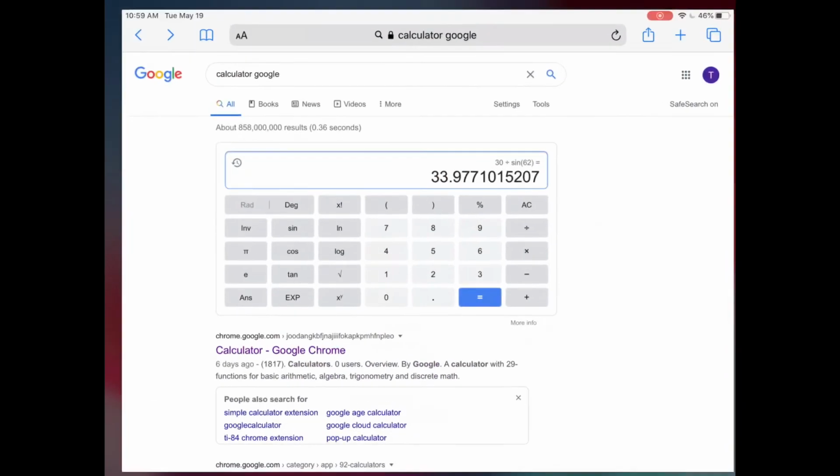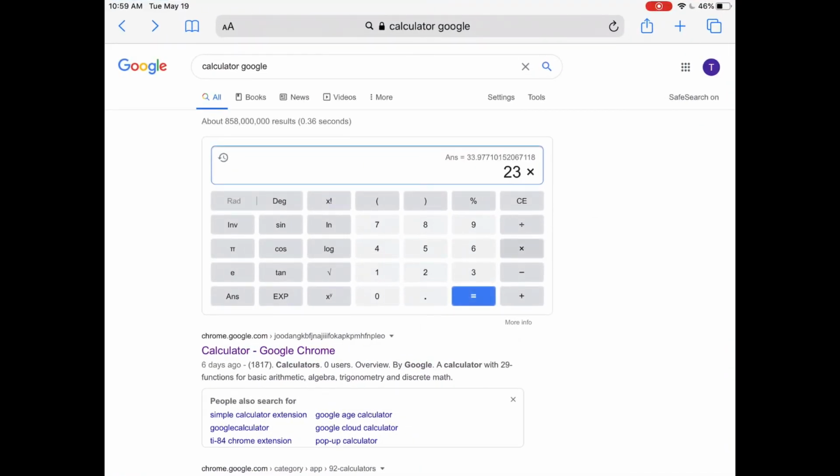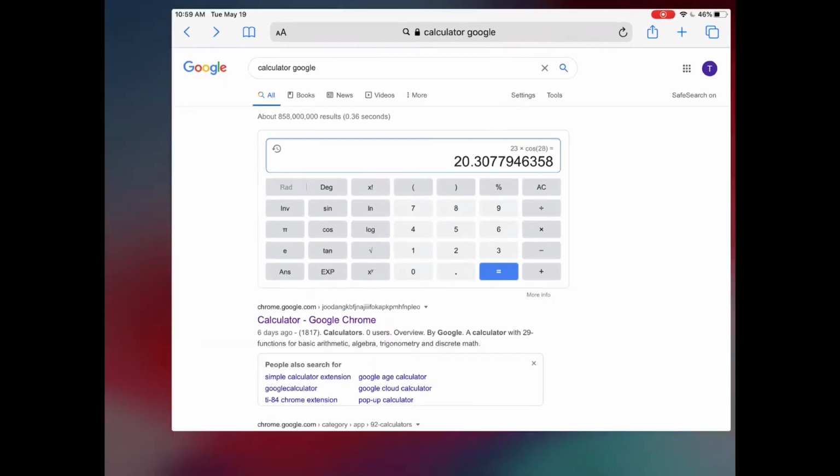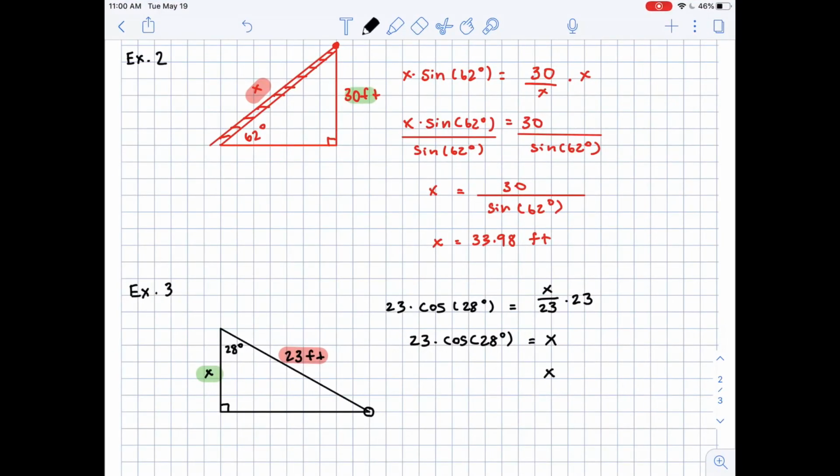And then I just solve. 23 times the cosine of 28. And I get 20.31. So that's how deep my pool was. Probably not. Pools are usually only like 10 feet deep. But that's how I could find the depth of the pool.